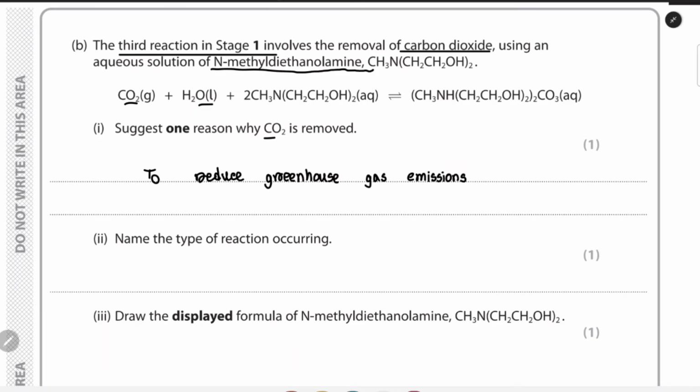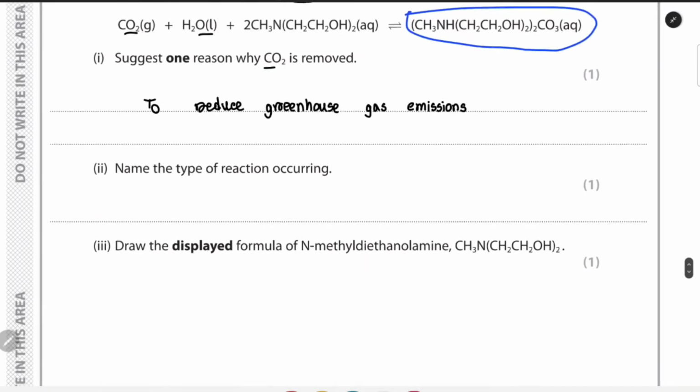If we look at this reaction, we see that a salt is being produced. This is a salt of N-methyldiethanolamine and carbon dioxide. So this will be a carbonate salt. This is an acid-base reaction, so this will be a neutralization reaction.